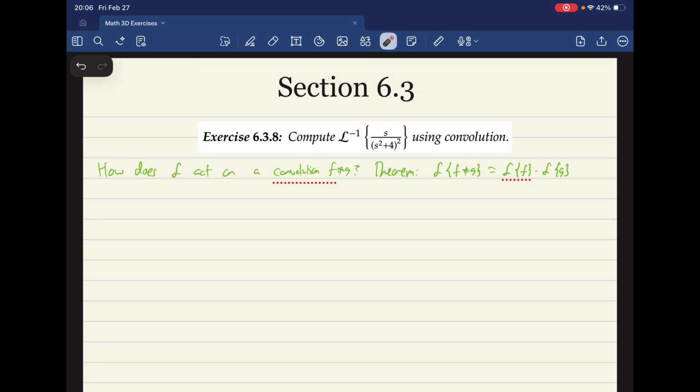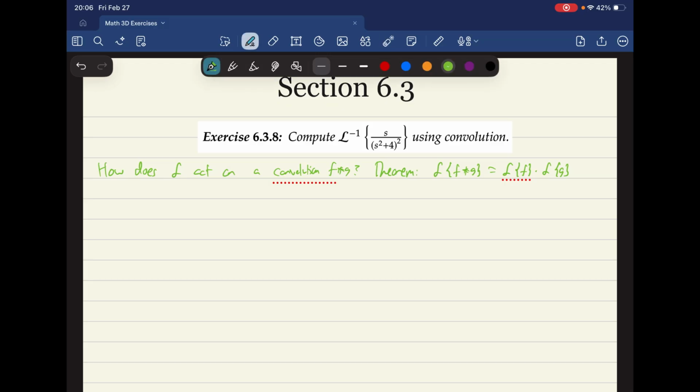So, in general, when we multiply two functions, just like f times g, where here I'm using the single dot instead of the star, this is not the same as L of f times L of g. We can fix this, though, by using f star g instead, where star is the convolution.